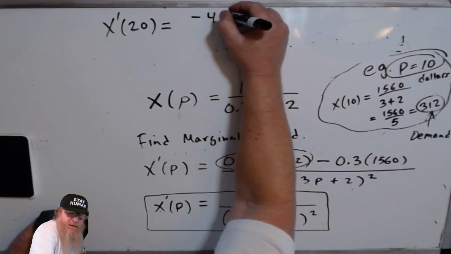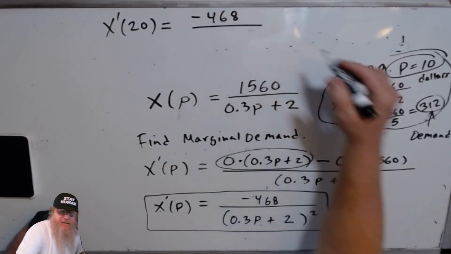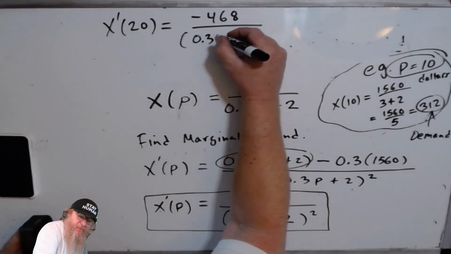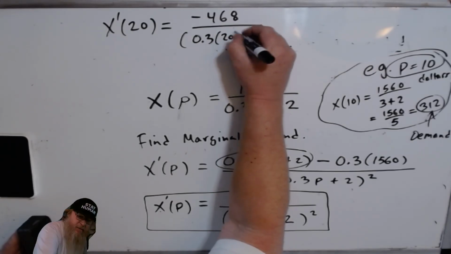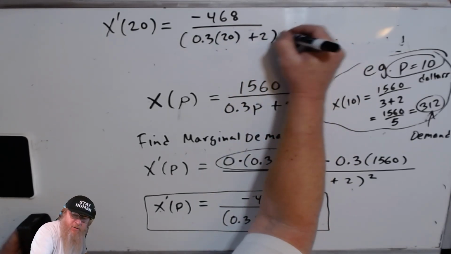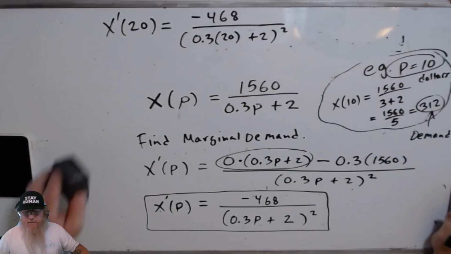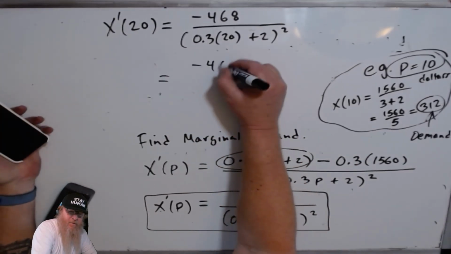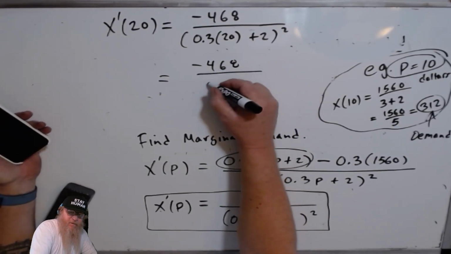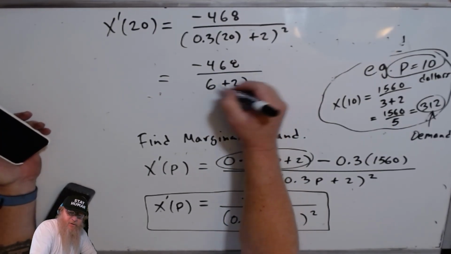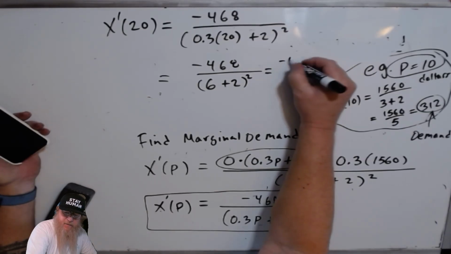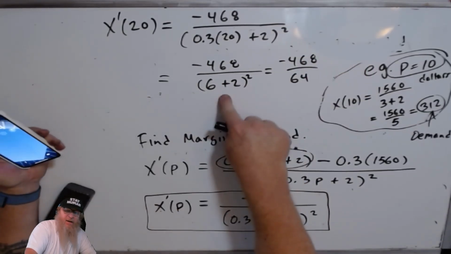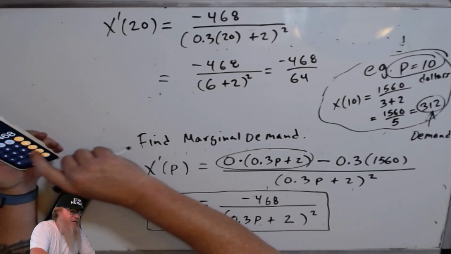Well, let's see. 468 over 0.3 times 20 plus 2 squared. 468 over 6 plus 2 squared. Negative 468 over 64. I'm just doing some mental math here.